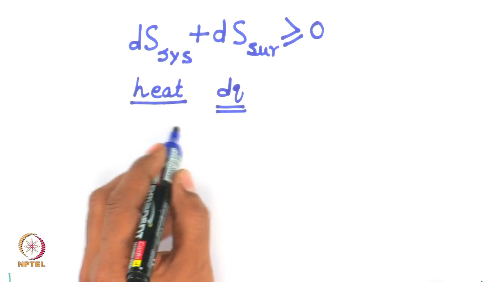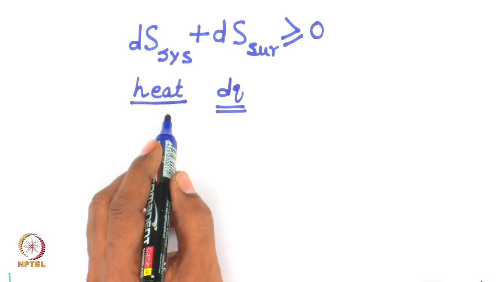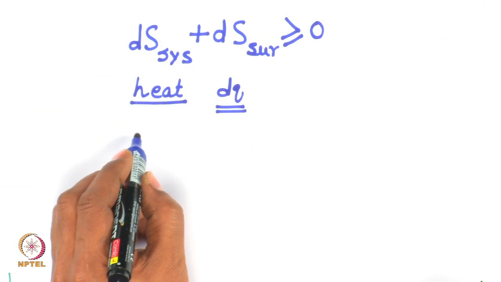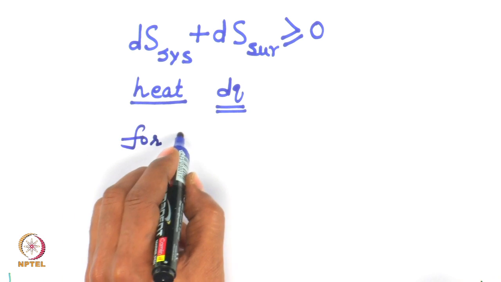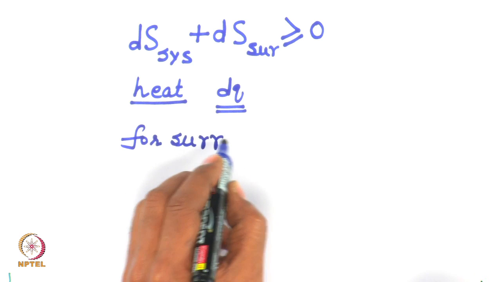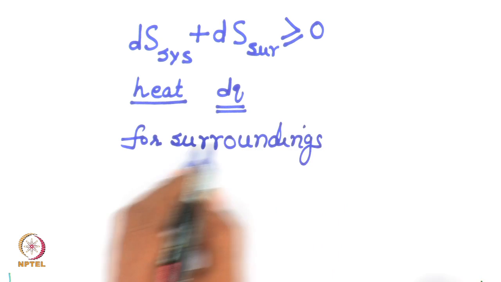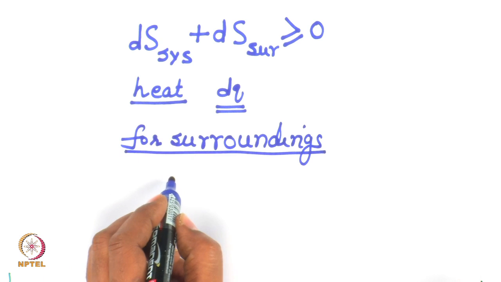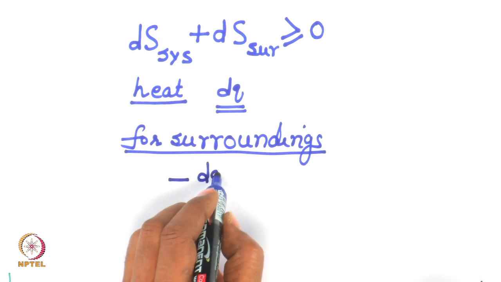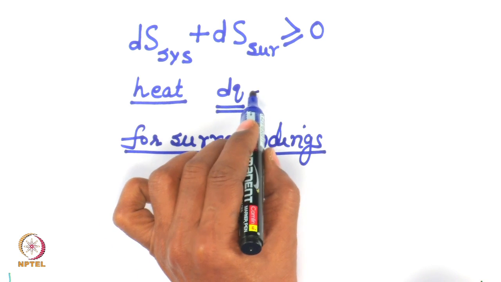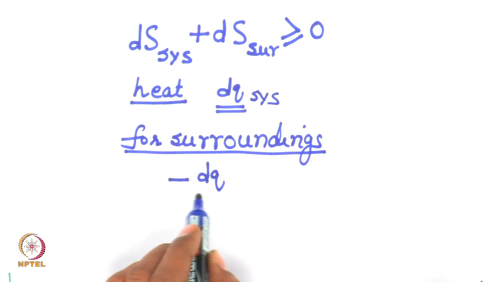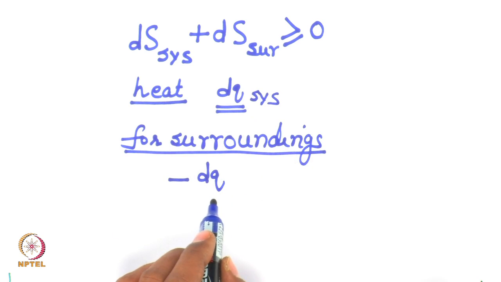And hence, if there is a thermal equilibrium between system and surroundings, let us say at temperature T, then the heat change for the surroundings is going to be minus dq, because if this is for the system, then the surrounding will be with a negative sign.